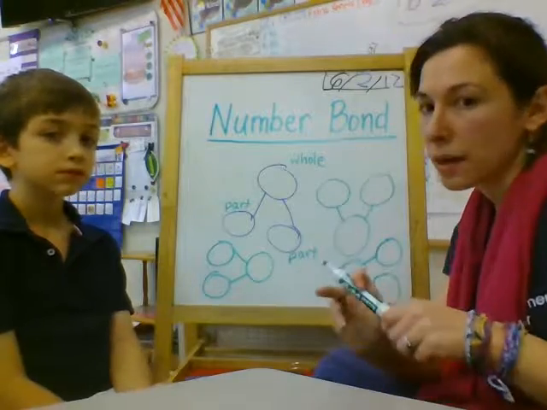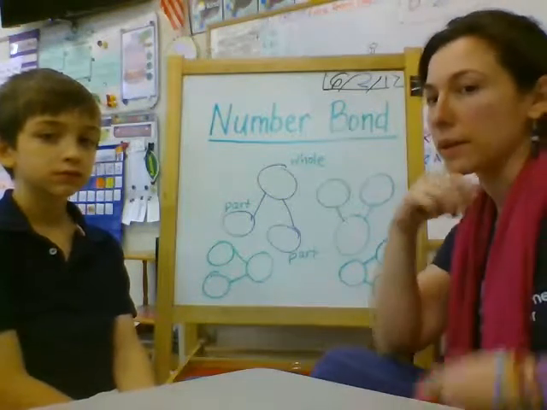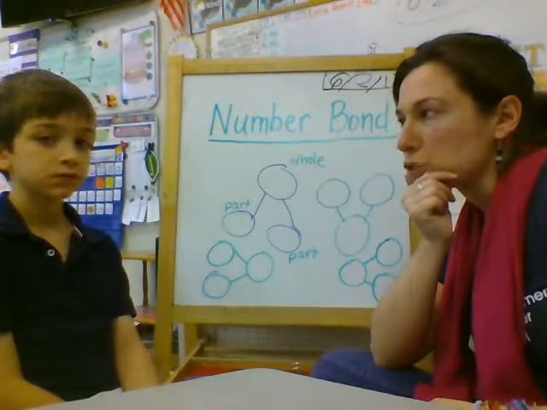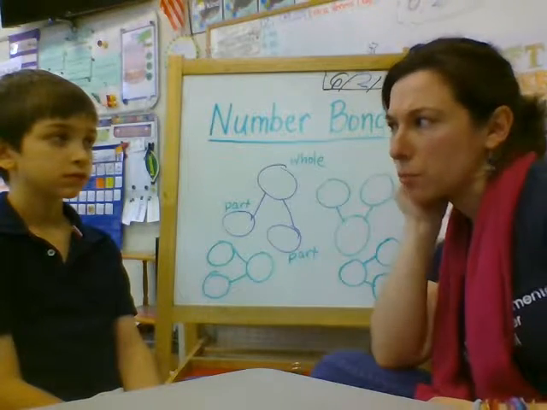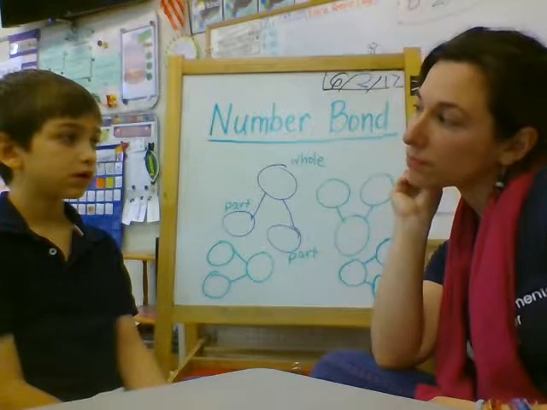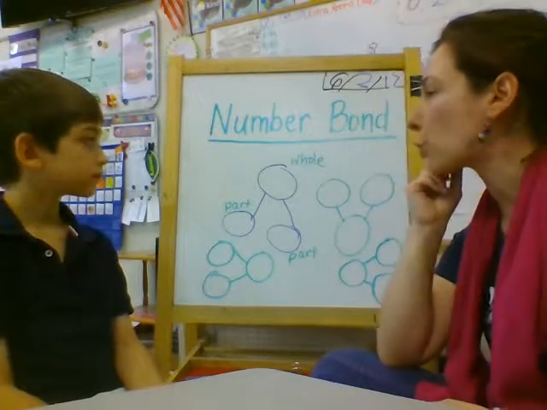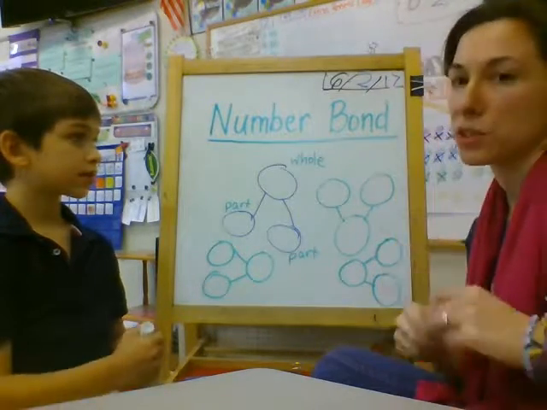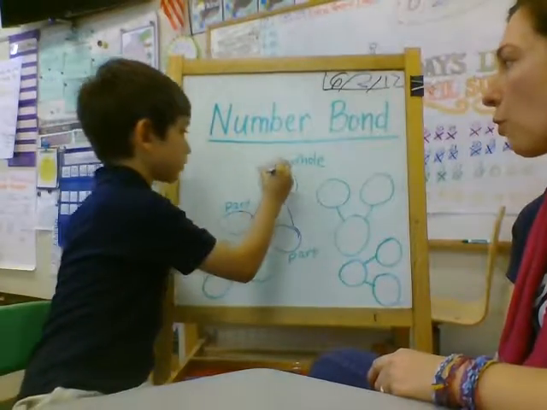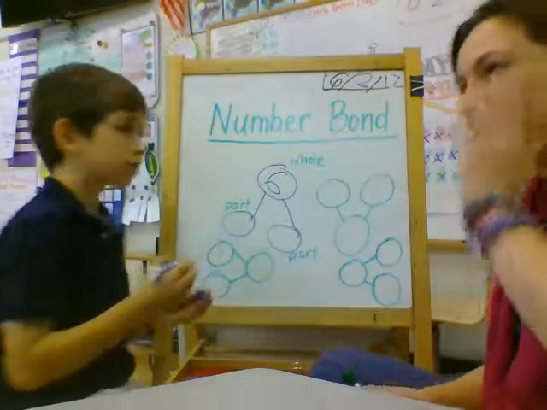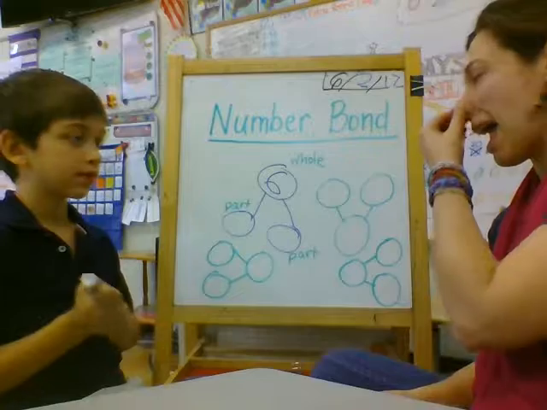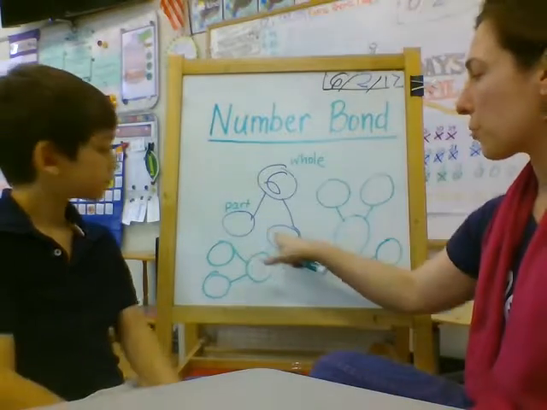Okay, so let's do an example here real quick. Should we start with the whole, or would you like to start with parts? Okay, what number do you want to use for a whole? 6. Okay, so go ahead and fill in 6 on the whole circle. And now, what would go here?